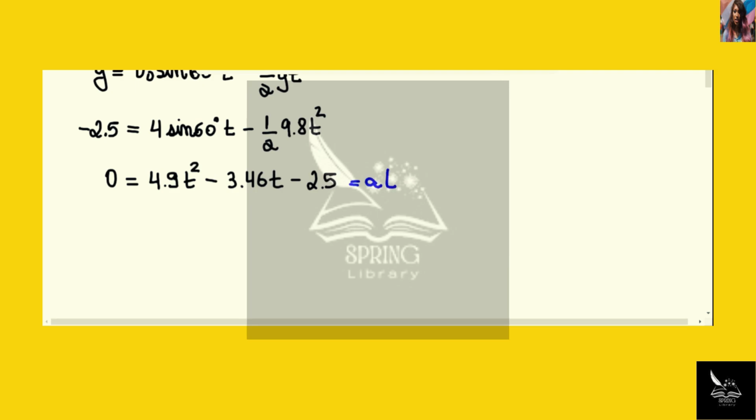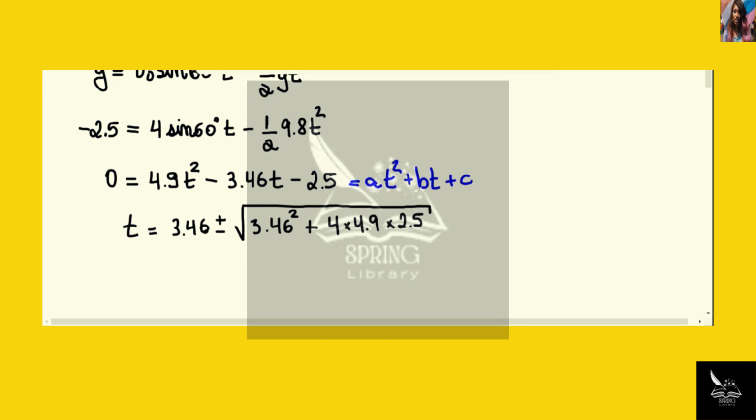And then we can solve this formula. I'm going to write it as a t squared plus b t plus c. And the solution of this formula is given by Bhaskara's equation. So this is minus b, which is 3.46, plus or minus the square root of b squared, which is 3.46 squared, minus 4 times a times c, and the minus contributes for the plus here, divided by 2a, which is 2 times 4.9.